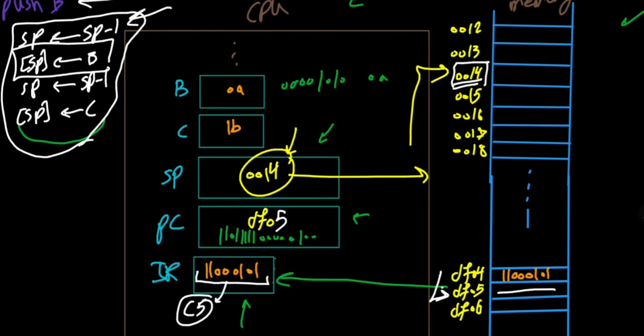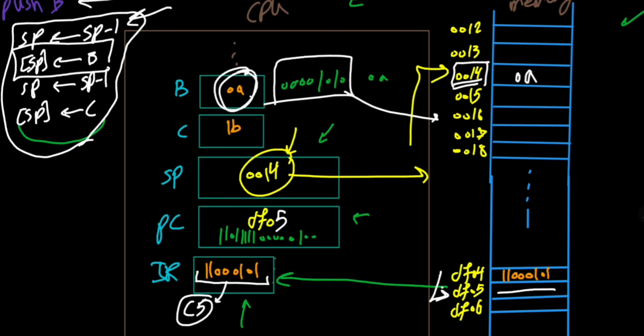Meaning that the value of the B register, these 8 bits, would be put on the data bus, and the control signals would be sent, causing the writing of the B register, 0A, inside whatever memory cell has been selected, which is the address in the SP register, 0014.